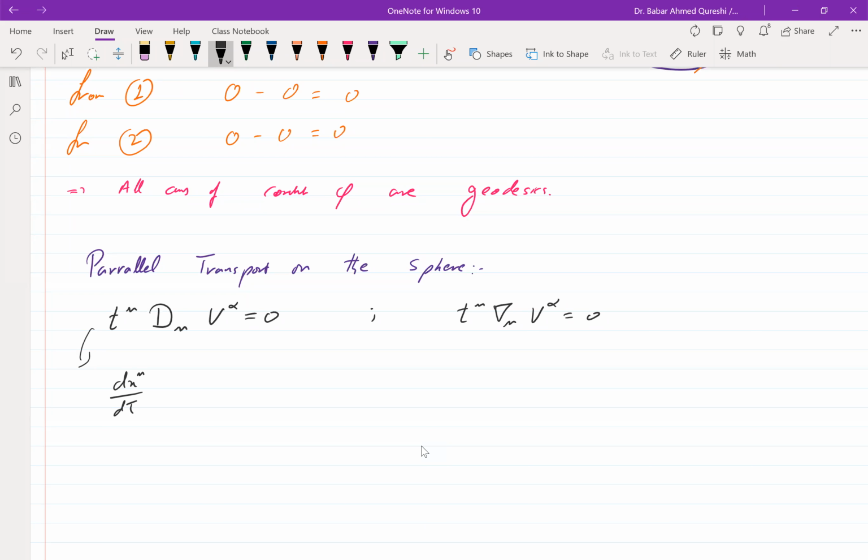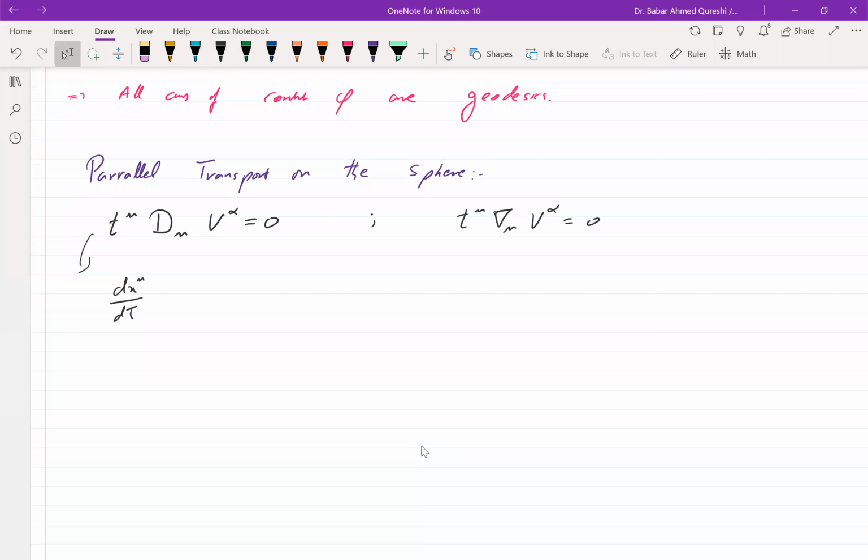This is the vector. So what's going on? You have some curve which is defined like this, and you are computing its tangent vectors like this, and then you have some other vector v mu over here, and as you go along this curve you want to keep this vector constant, geodesically constant, or you want to parallelly transport it, and that would mean that this equation is satisfied.